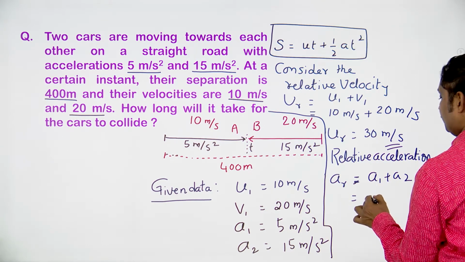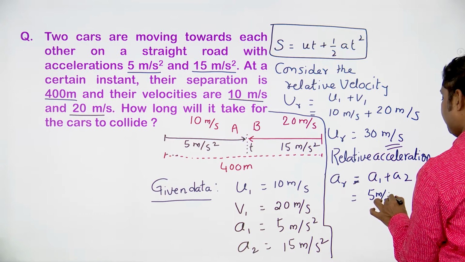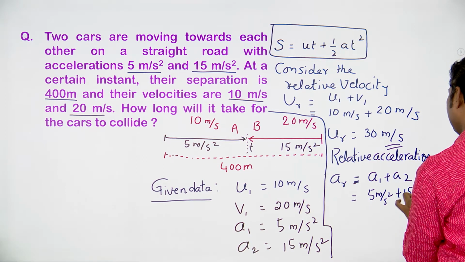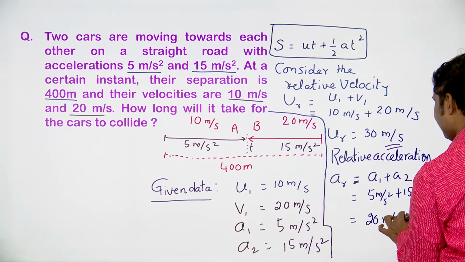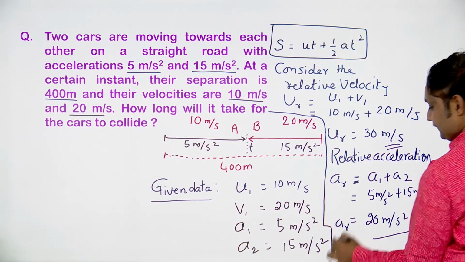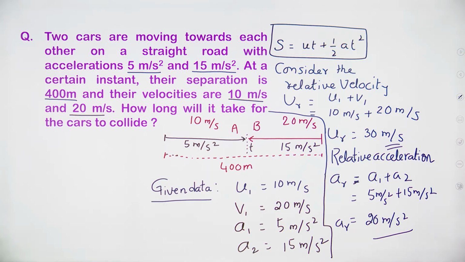So we would like to go for 5 meter per second square plus 15 meter per second square. So it's very clear, 20 meter per second square. Everyone has to identify that relative velocity and relative acceleration also. It's better for you. Now, if you are looking into that matter, you can solve the problem easily.